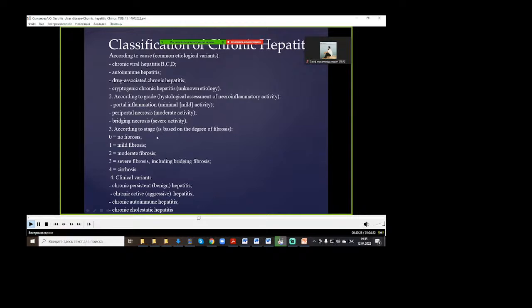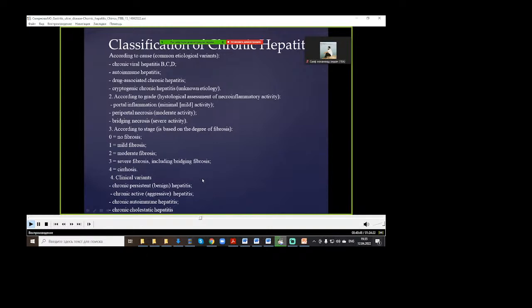The stage is based on the degree of fibrosis. Stage 0, no fibrosis; from 1 to 3, different degrees of fibrosis: mild, moderate, and severe; and the last is cirrhosis.